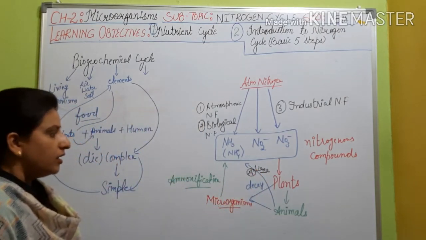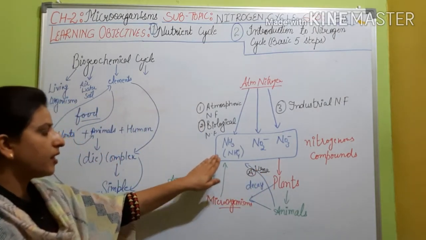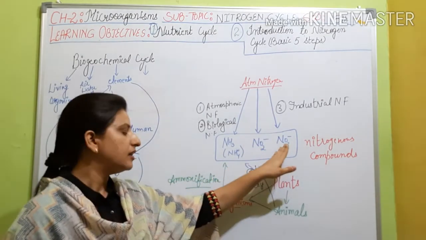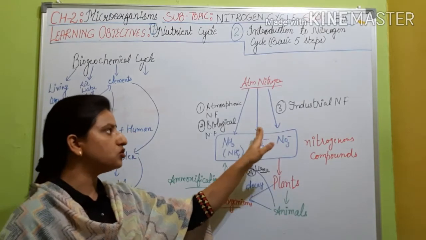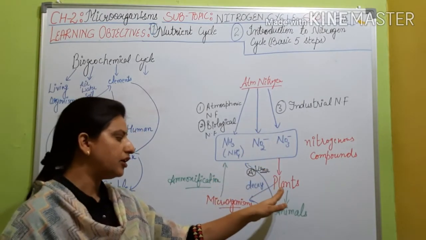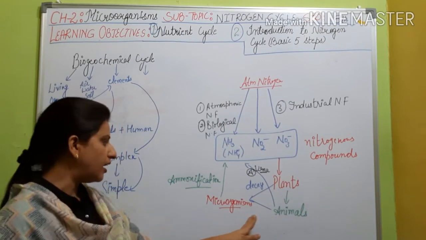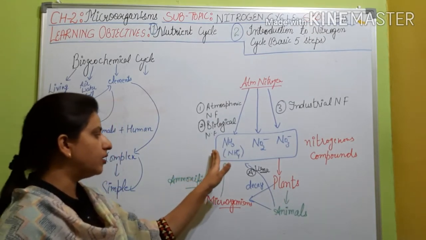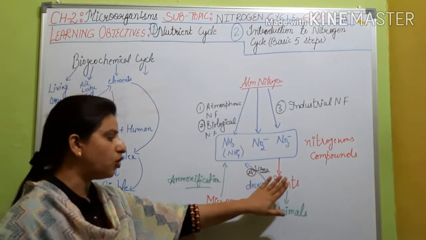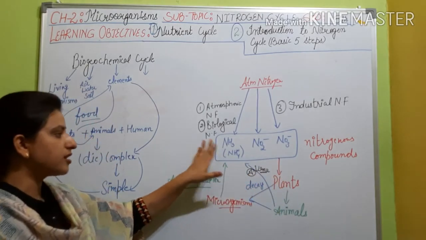Now ammonia, nitrite and nitrate are the nitrogenous compounds. In this form, when the atmospheric nitrogen converts, it is used by the plants. Later on, plants and animals die, and the ammonification process again goes on, and it changes the complex form of the body into the nitrogenous compounds.